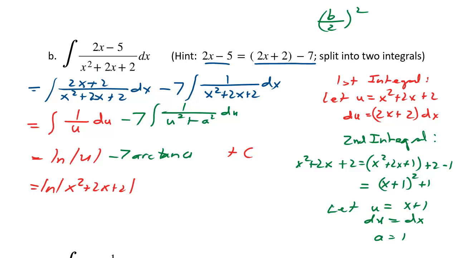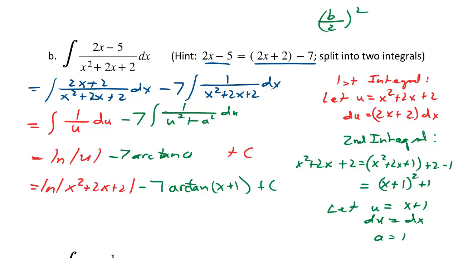And then the second integral, minus 7 arctan of, we said it was x plus 1, and then plus c.